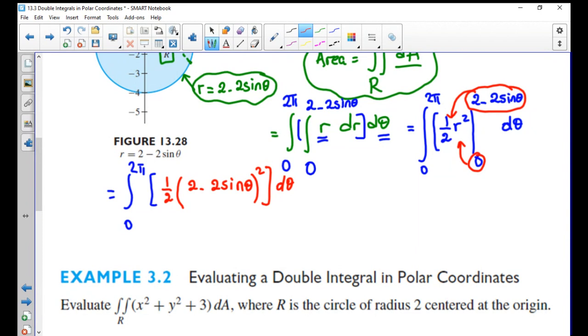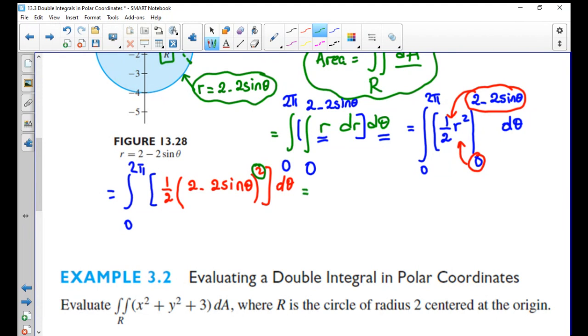Now, what do you think the next step is? Before we can integrate, what do we need to do? Yeah, we need to open the square. This square here needs to be open. We cannot integrate it like this.